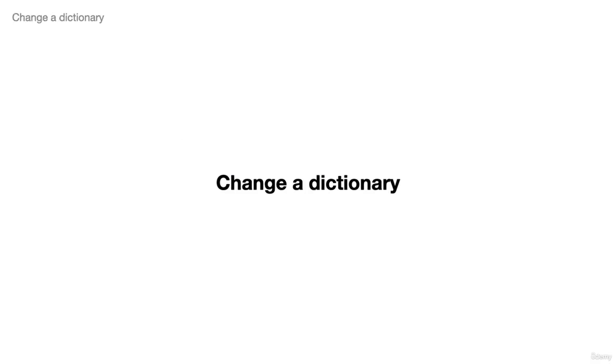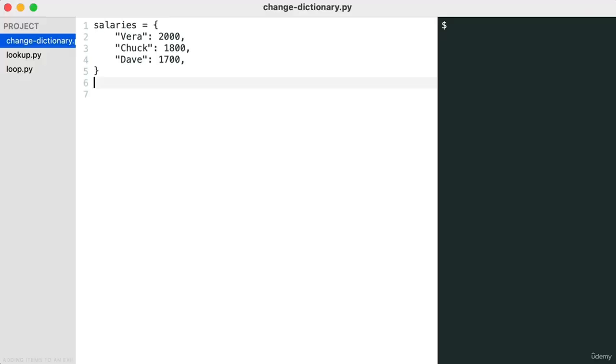Dictionaries are mutable. That means you can add, remove, and change items. Adding items to an existing dictionary is done by setting a new key like this.